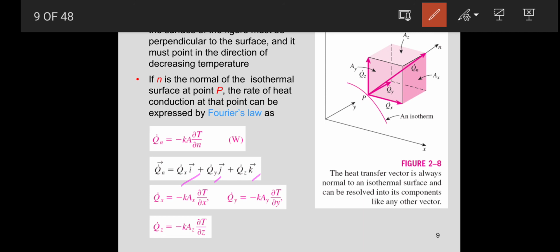Az means the area perpendicular to the z direction, and dT by dz means temperature changing according to the z direction. So if you add these three values, q dot x, q dot y and q dot z, multiplied with unit vectors, we will find out the heat transfer rate in n direction. Okay, so why? Because we have resolved this n direction into three dimensions.